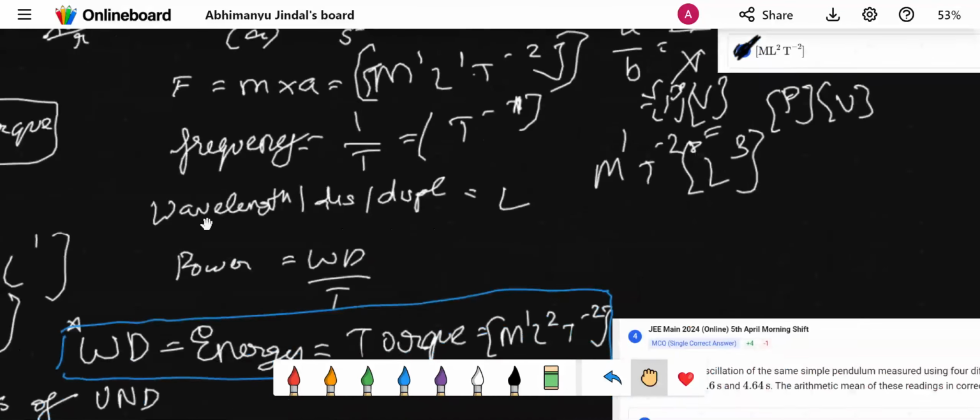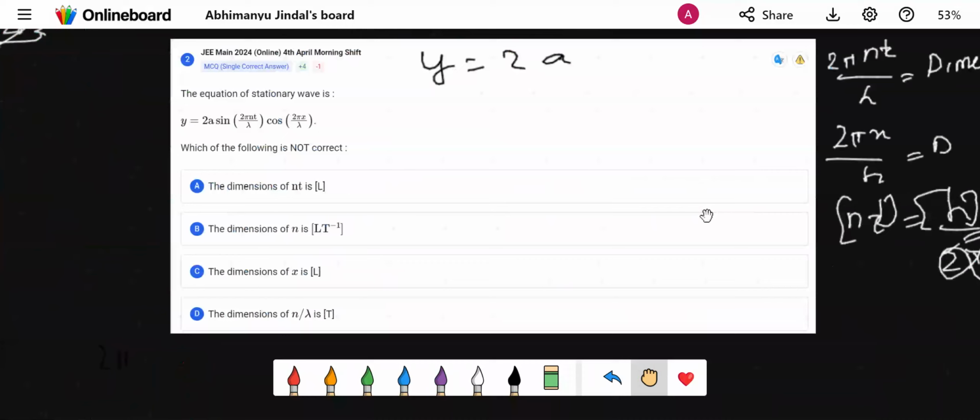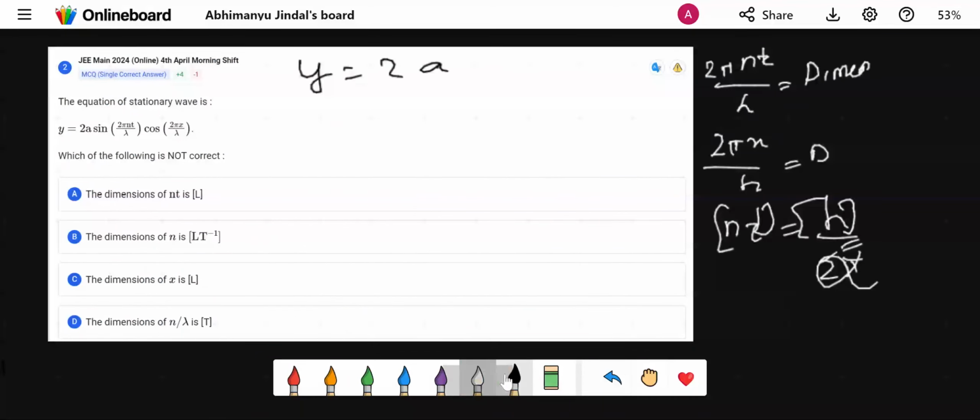Look right here. Wavelength, which is lambda obviously. Distance, displacement, they're all length. So right here, lambda is length. So we get to know that n times t is length. So this one is not our option because we have to find the incorrect one. This is correct. Let's look at the second statement, which is dimension of n is L by t.